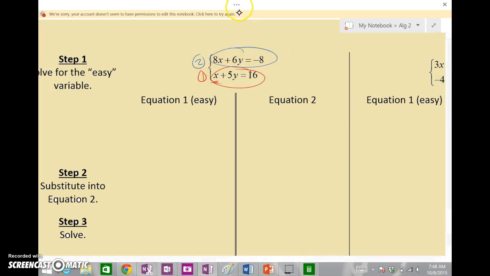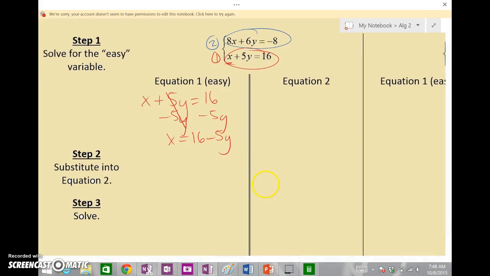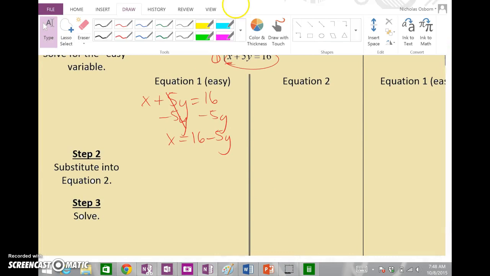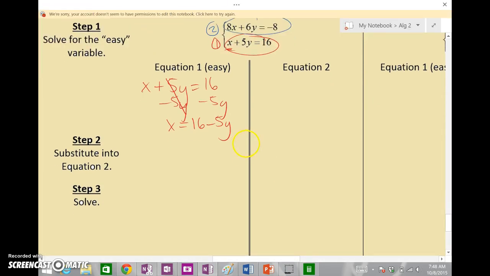Okay, so let's take that first equation and solve for x. x plus 5y equals 16. Subtract 5y from this side, get rid of it, and we end up with x equals 16 minus 5y. Now I know what x is equal to.